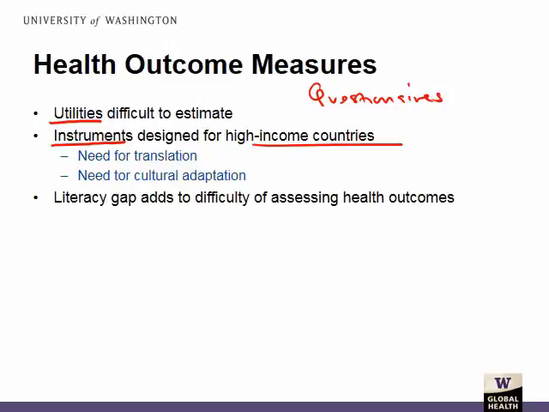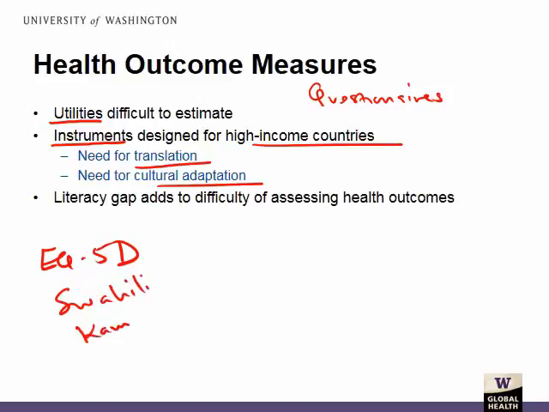And the other thing is that some countries don't have true national languages, and people speak their tribal dialects or their local languages, and essentially you have to translate instruments multiple times. So let's say you have the EQ5D, you would have to translate it into Swahili and maybe a language like Kamba and Kisii maybe. I don't know if I'm spelling Kisii correctly, but Kisii. But you would need to do multiple translations.